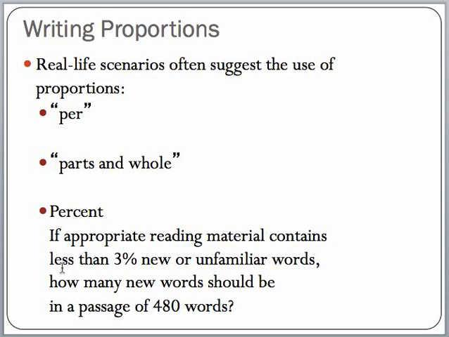When I took my master's classes last year, I learned that if I were to assign some appropriate reading material, some of those words ought to be new or challenging or unfamiliar words to you. And about 3% is kind of accepted as a decent amount. More than that, and it becomes too overwhelming, and less than that, and it's not challenging enough. So if I were to give you a passage of 480 words to read, how many of those might be new or unfamiliar? Well, that sort of question can again be solved by setting up a proportion.